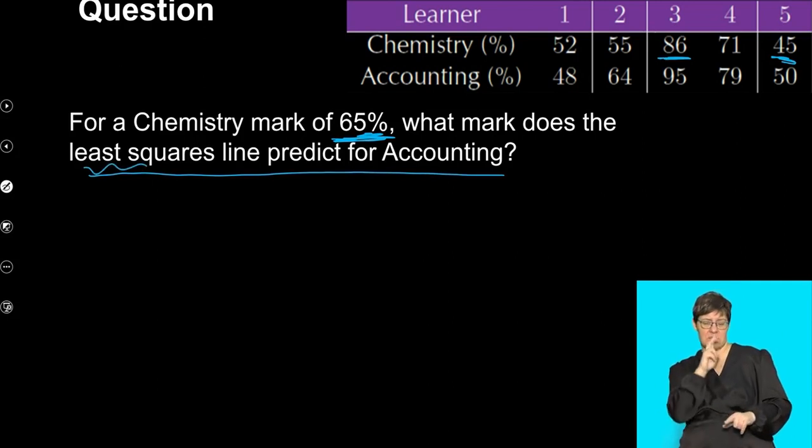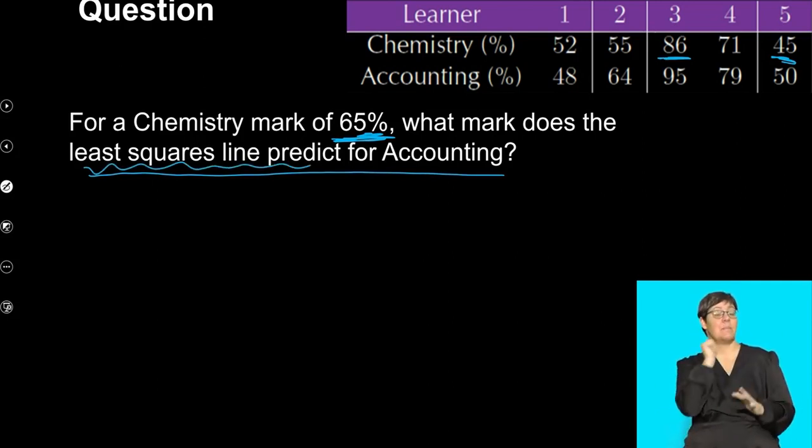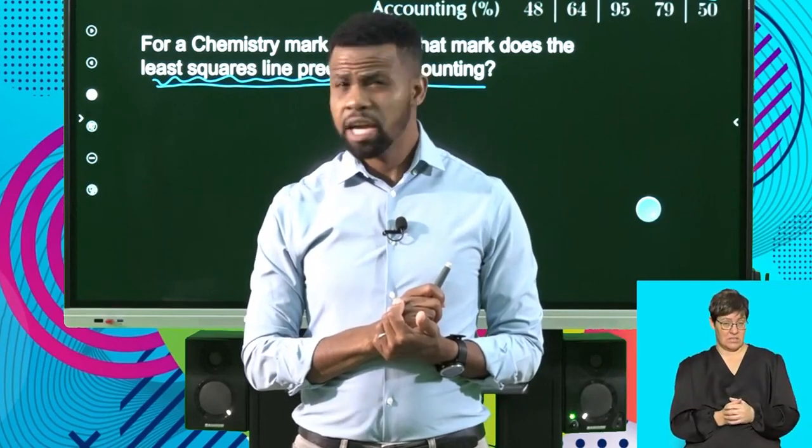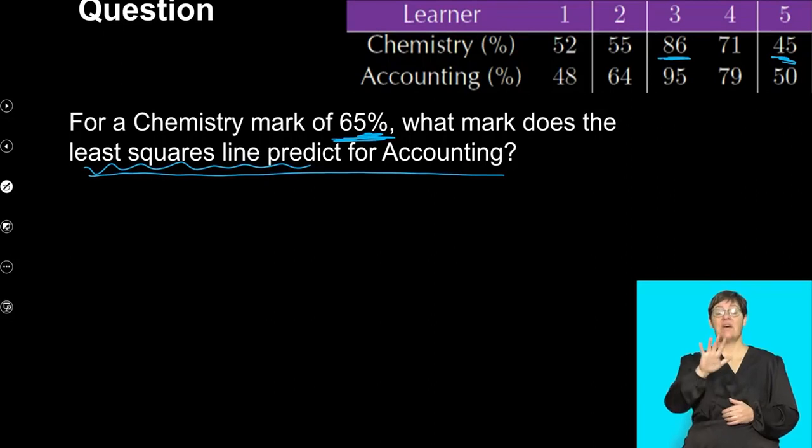The least square line, we're talking about the line of best fit, or the equation of the line of best fit. Are we together? Now, on our data there, we don't have 65. But let's say a student gets 65 for chemistry. What will be the mark for accounting? Will it be higher?